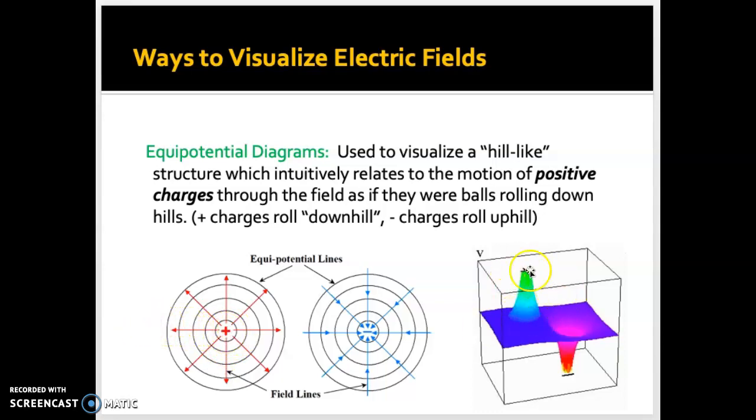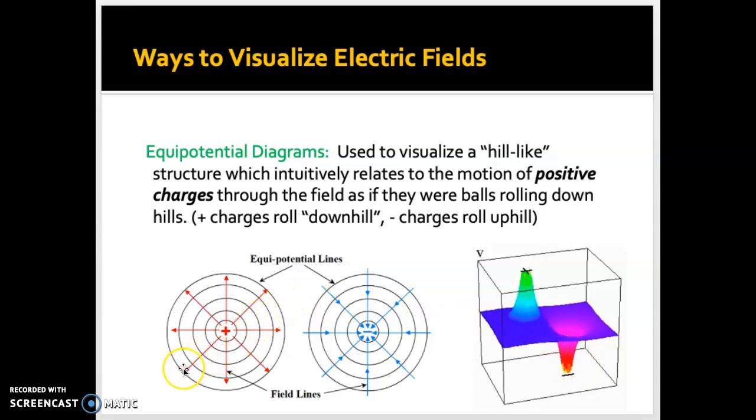So you could represent it this way too. You could show the positive charge up here at the top, and then these equipotential lines are all the same height, showing different heights as you move down that hill, and then you could go to negative heights for the negative charge down here. And equipotential lines would be the lines where everywhere around it is the same height.